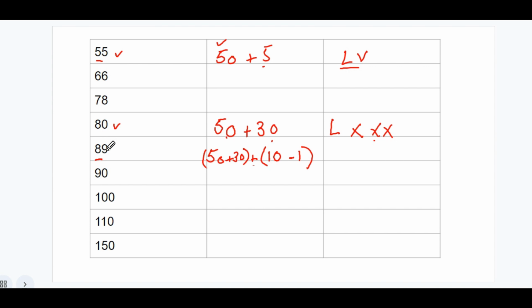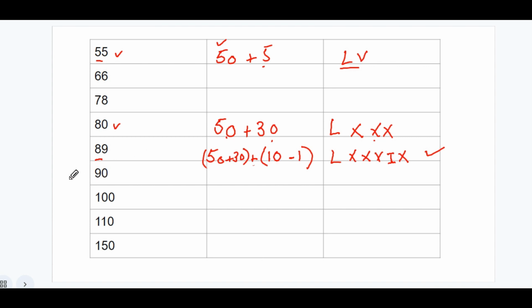You have to do 9 like 10 minus 1. So 50 plus 30 will give you L and X, X, X. For 9 you need to write 10 minus 1, so it means I will be at the back of X. So this is your 89.